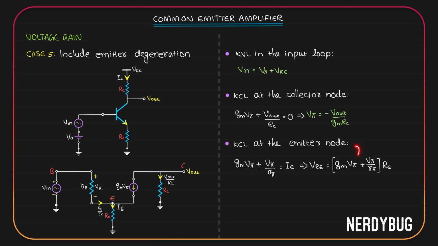Let us replace both these vπ's with minus Vout by gmRC. Then this is what we get: (minus Vout by RC minus Vout by gmRC rπ), the whole multiplied by RE. Or we can write minus Vout RE by RC minus Vout RE by gmRC rπ.